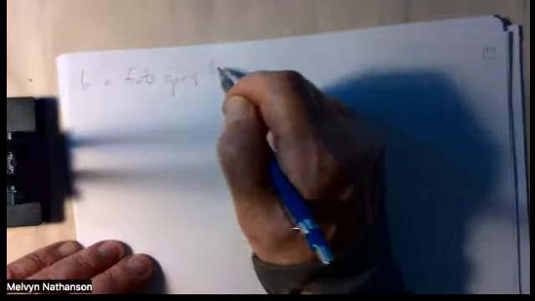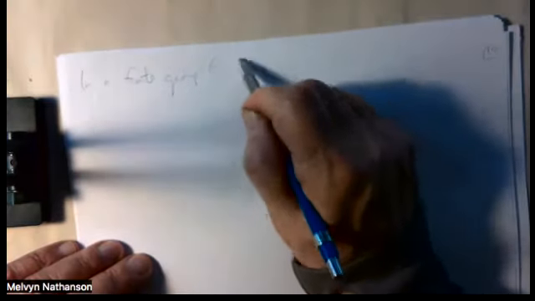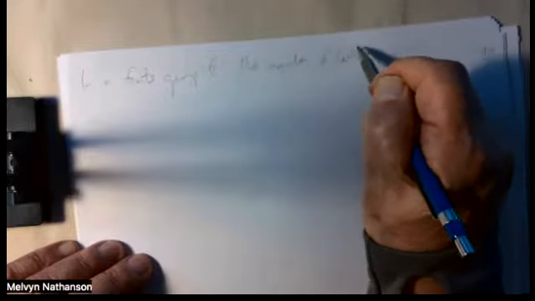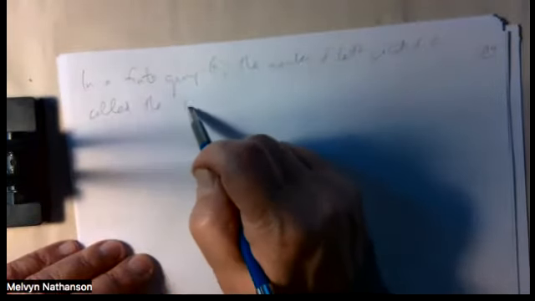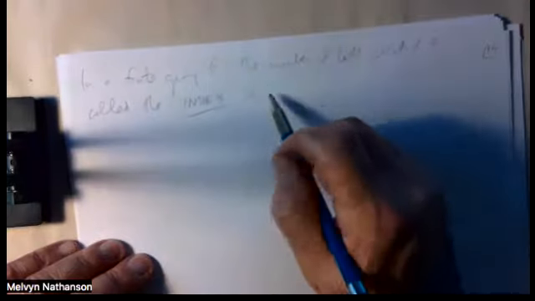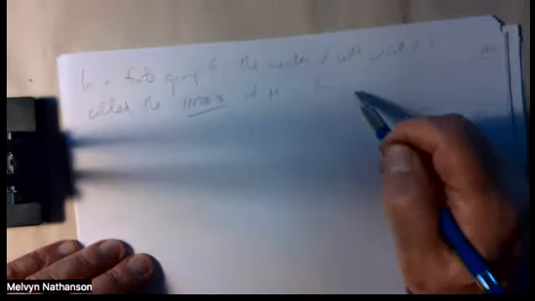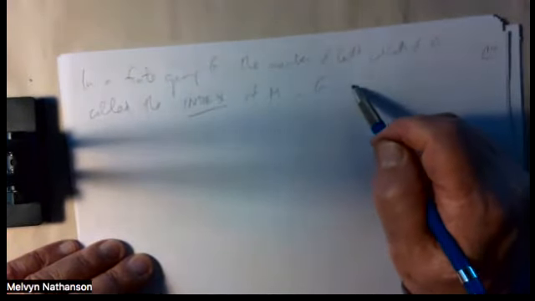So in a finite group G, the number of left cosets of H, which is called the index of H in the group G, is denoted by [G:H].